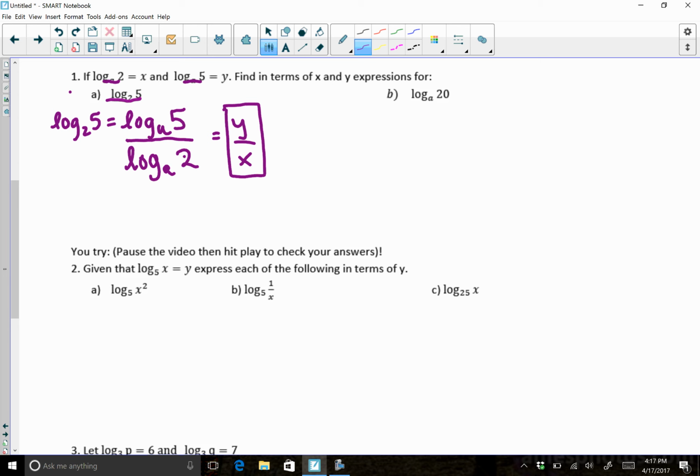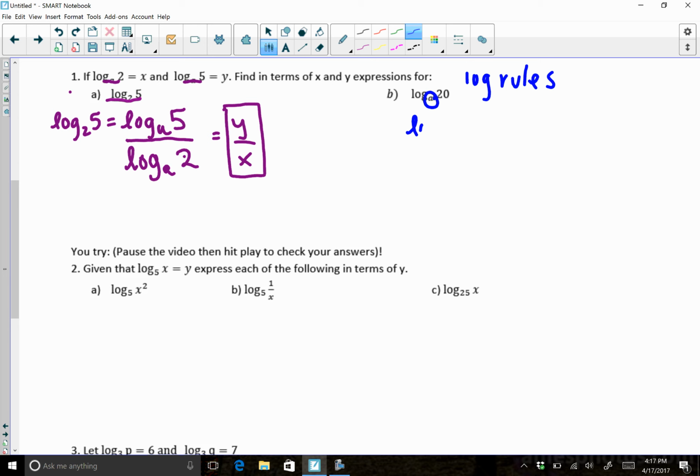In part B, they want us to rewrite log base a of 20. So a good key here is that the base given to us for the log is a. So since it is a, I'm probably going to have to use my log rules here instead to simplify this logarithm. We had a problem very similar to this in class today.